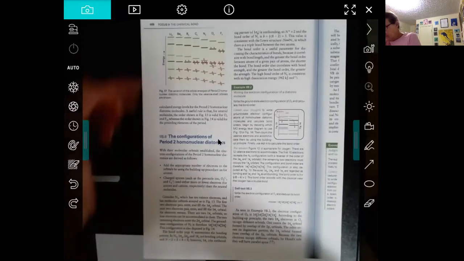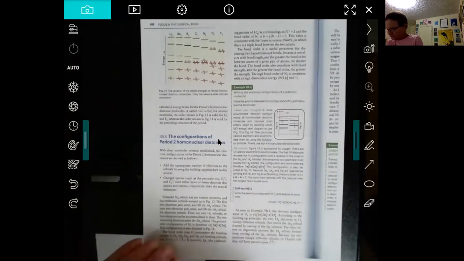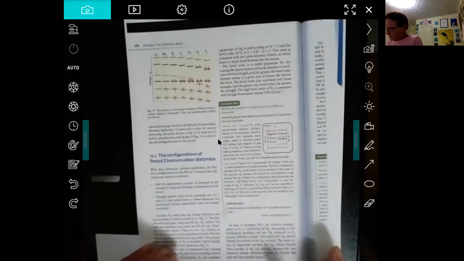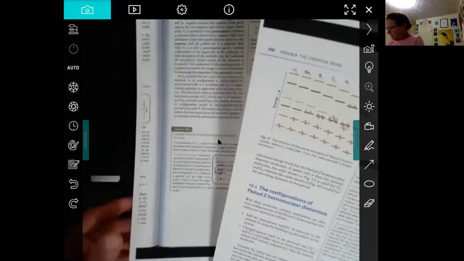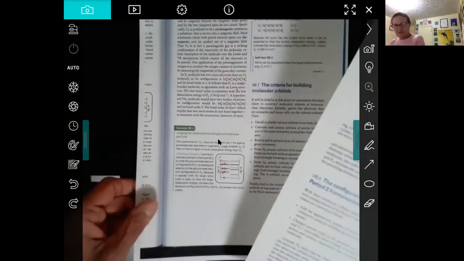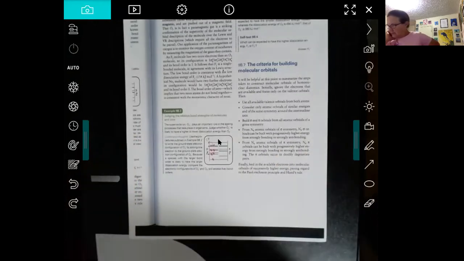So each of these molecular orbital diagrams would have been calculated with some sort of molecular orbital calculation in Gaussian. There are all sorts of options. And as you read through that and do the self-tests, I think it'll look very similar to what you did in Gen Chem, except now hopefully you have a little better idea of where those diagrams come from.